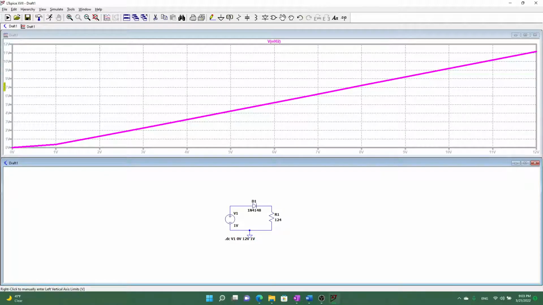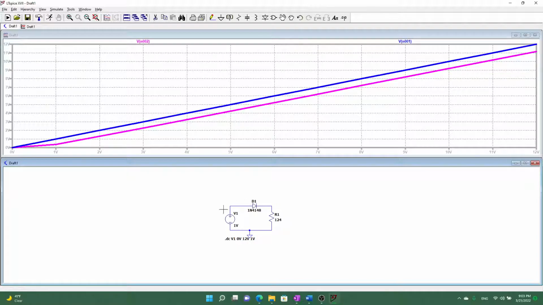So voltage to voltage. You can see the x-axis is voltage and the y-axis is also voltage. If we go to the left of the diode and we click here, this is what the input waveform shows us, the blue line. So this is the input and the pink line is the output of our circuit.